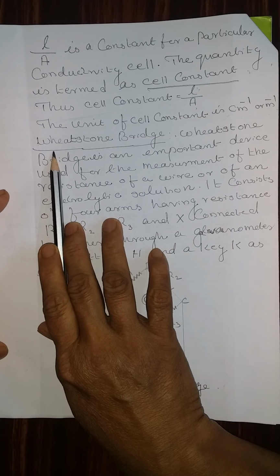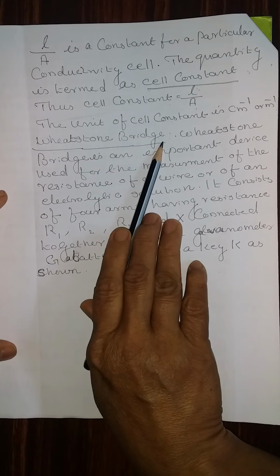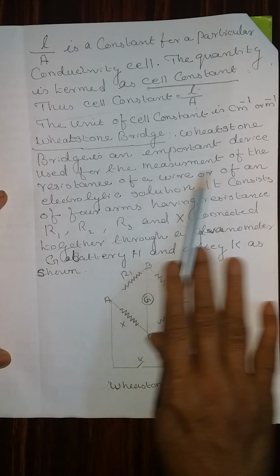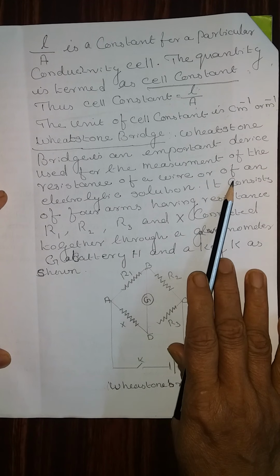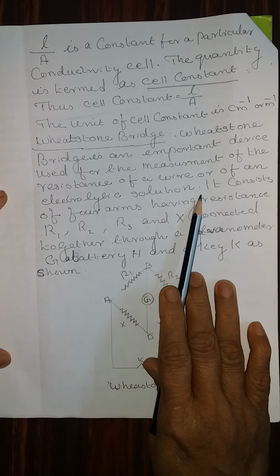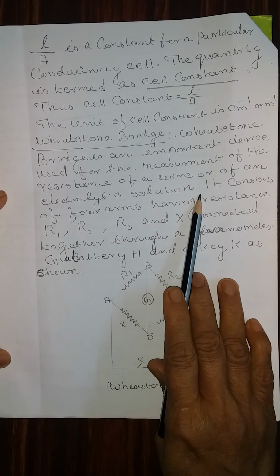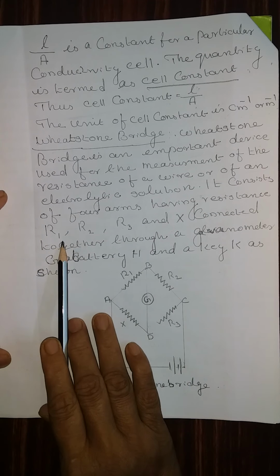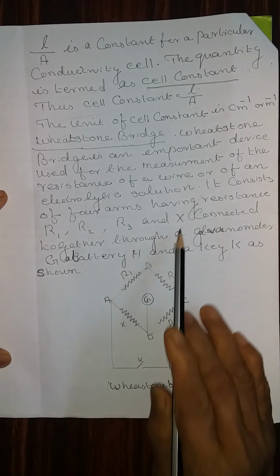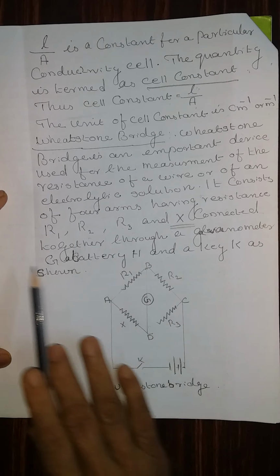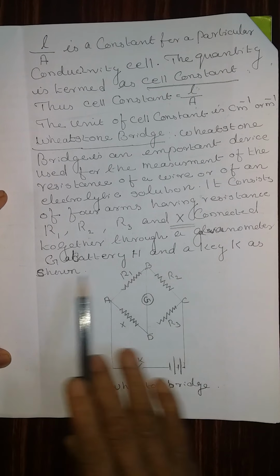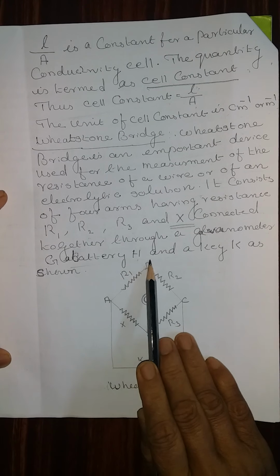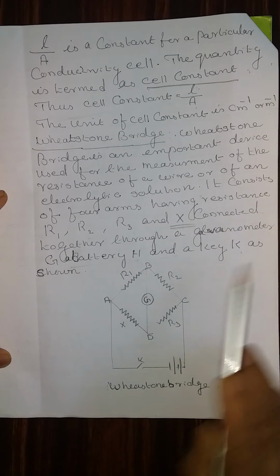Now, the next point is, what is meant by Wheatstone's bridge? The Wheatstone bridge is an important device used for the measurement of the resistance of a wire or an electrolytic solution. It consists of four arms having resistances R1, R2, R3 and X, where X means unknown, connected together through a galvanometer G, a battery H, and a key K as shown.